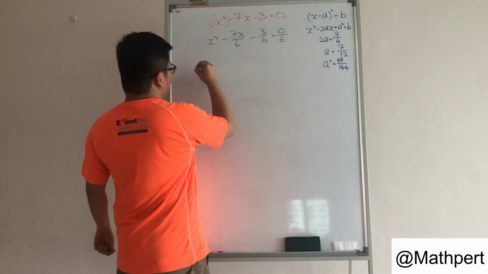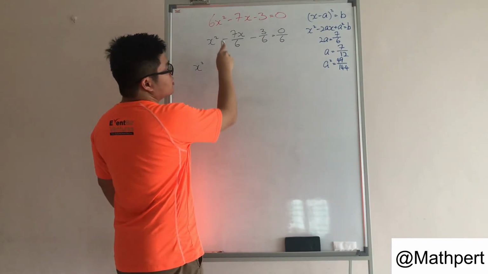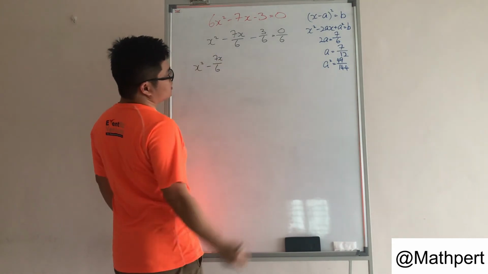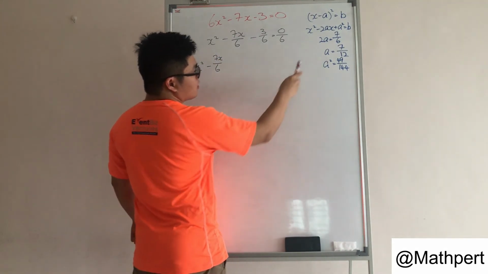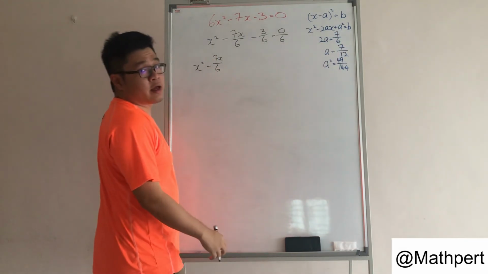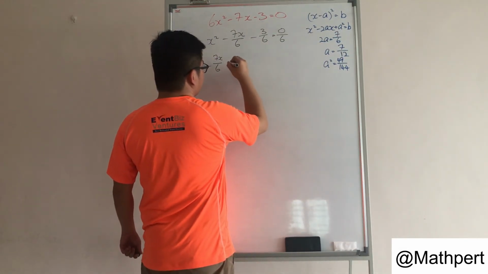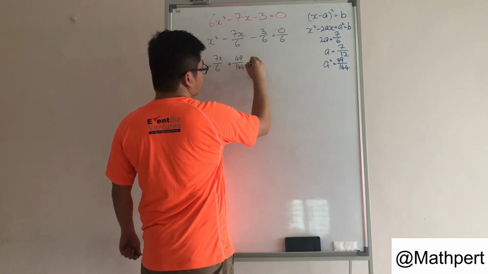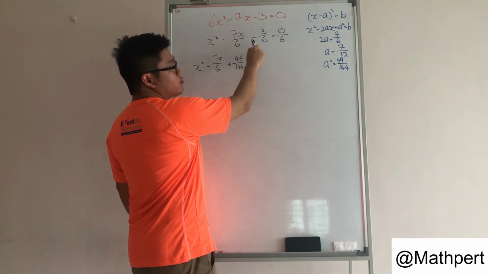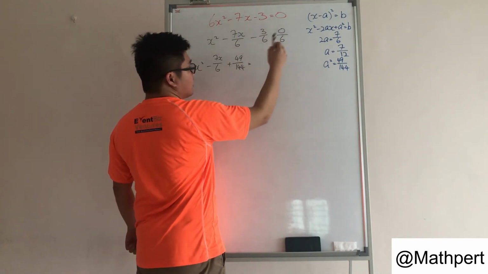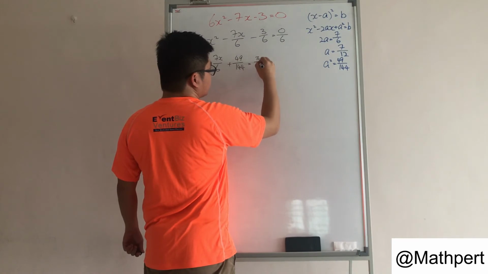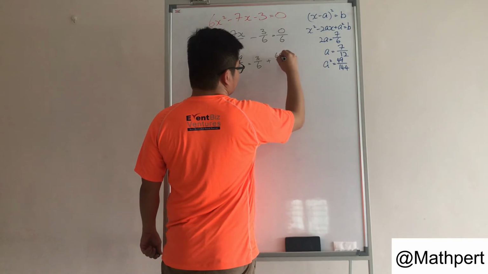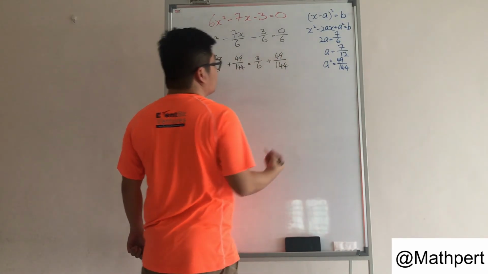Here we can write it as x squared minus 7x/6, and then we add a squared, plus 49/144, equals 3/6. We move it to the right hand side, it becomes 3/6 plus 49/144.